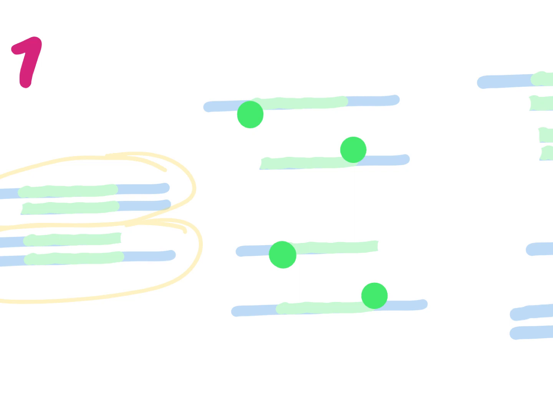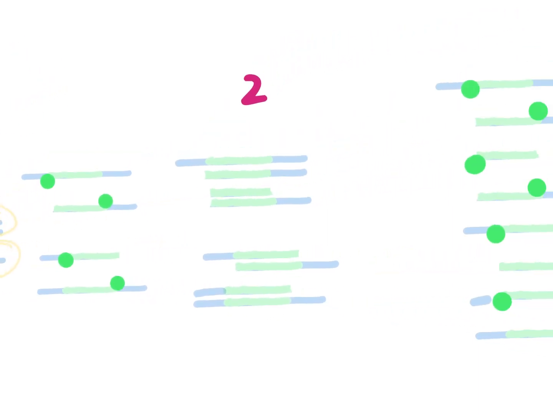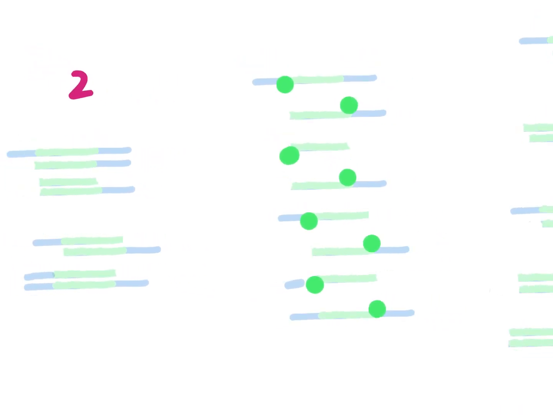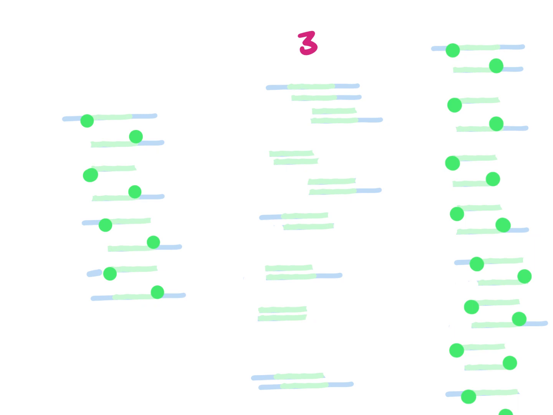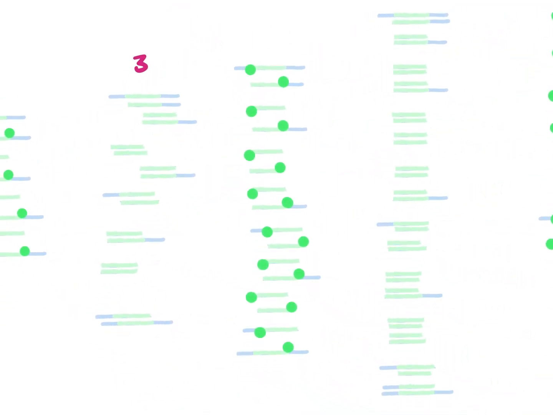So if we ramp this up and move it through the second cycle, again denaturation, and we're going to get a result there. And as we move through the third cycle, we're increasing at each of these. You'll notice the number of template DNA versus the variable length DNA fragments.